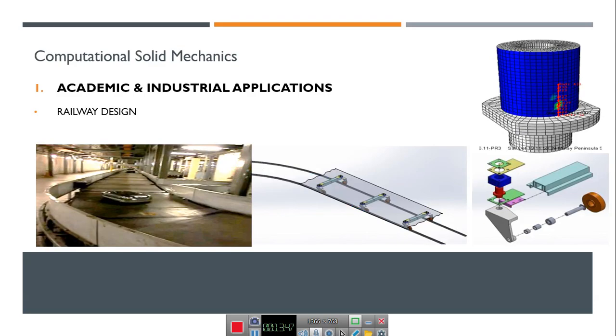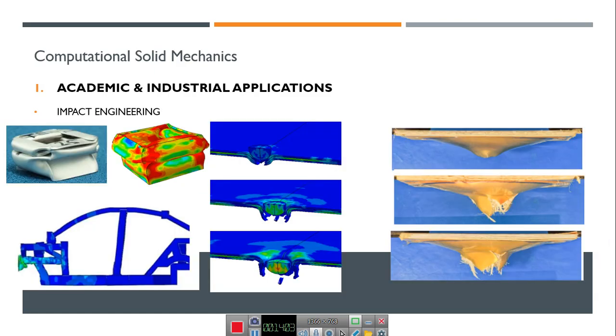Also in railway design, we can predict the life of the rail and the wagon and how it is affecting the lifetime of the structures. Also in impact engineering, in different industries, for example in the military or in the crashworthiness of the car, or in aerospace engineering, impact engineering simulation is very useful.